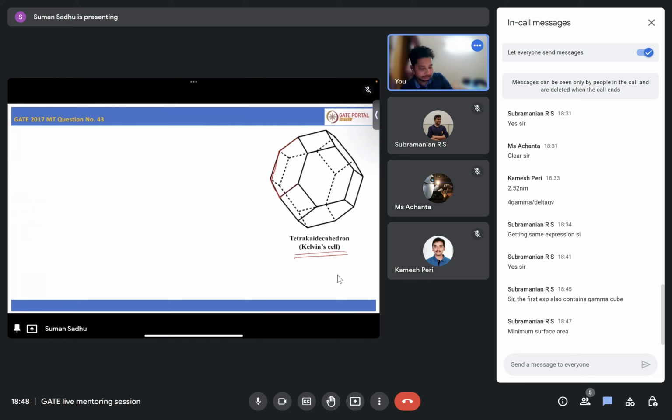Eight of those are hexagonal and six of those are square, or not exactly square, like tetrahedron kind of, with four sides. This kind of shape is called a tetrakaidecahedron or Kelvin shell. It is observed that this kind of shape gives the minimum surface energy.